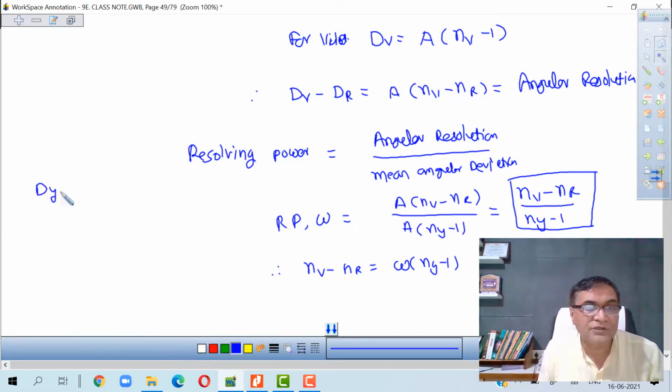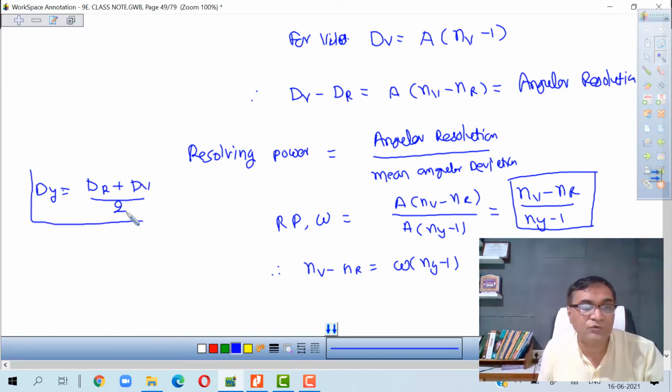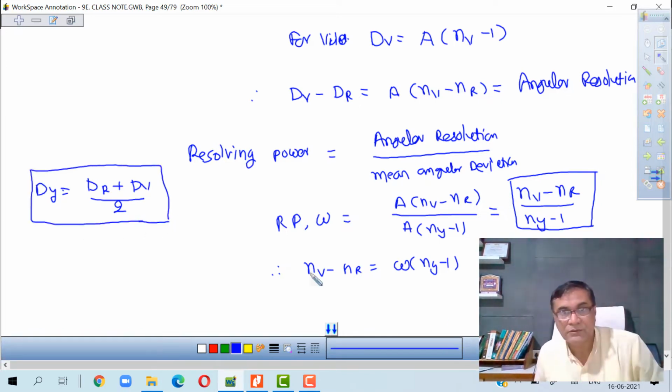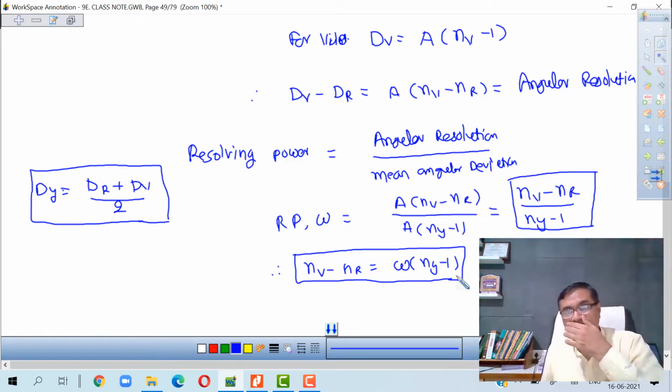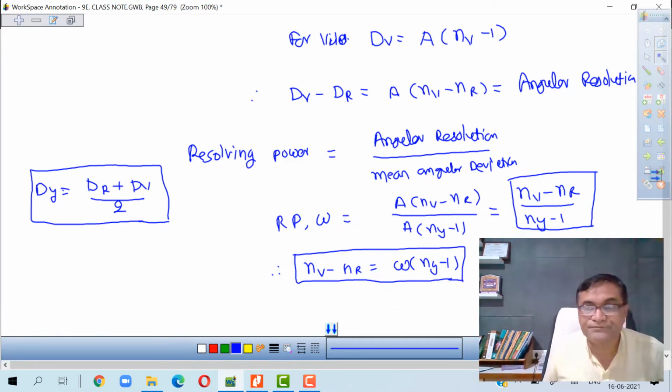D yellow is equal to D of red plus D of violet by 2. આવું પણ ક્યારેક યુઝ કરવું પડે તો તમે કરી લેજો, નો પ્રોબ્લેમ. Mean value જશે. Okay, so this is your important relation.